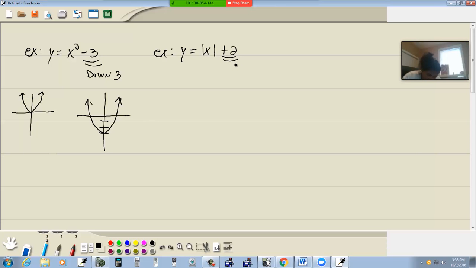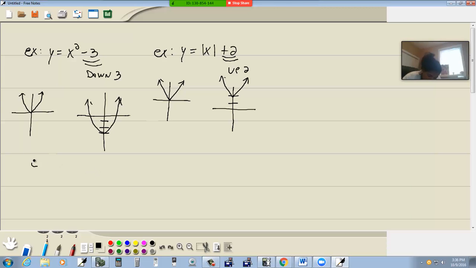And that plus 2 or positive 2 means it's going to go up 2. Now here's our basic graph we looked at, the V-shaped graph. When I say up 2 units, I'm going to shift the entire graph up 2 units. It still looks exactly the same as it did, I just shifted it up. Now those are our vertical translations.